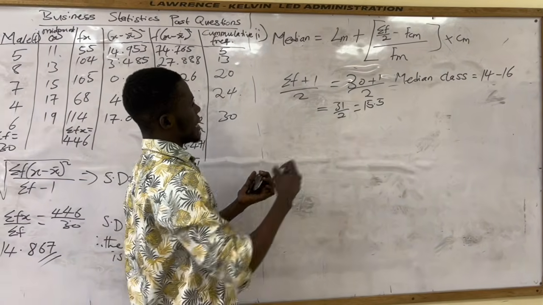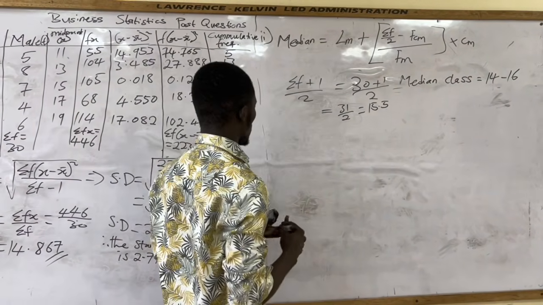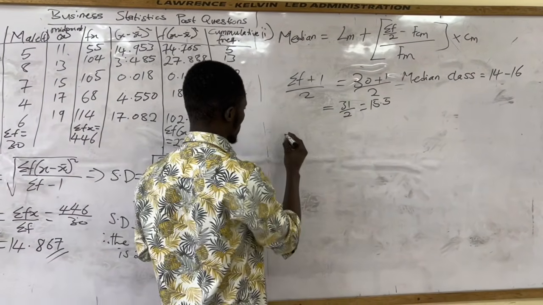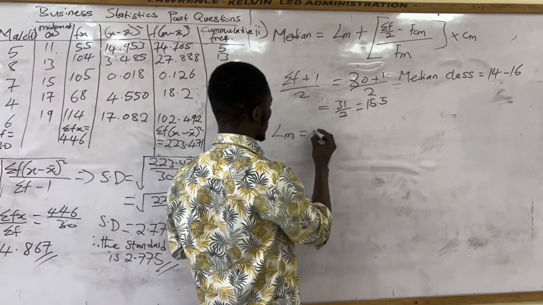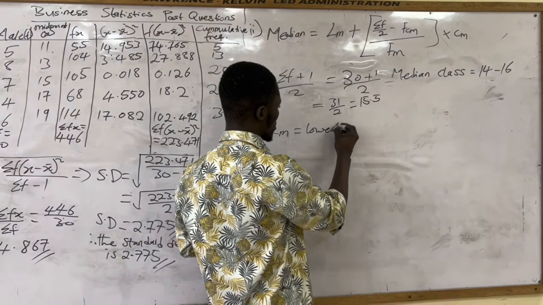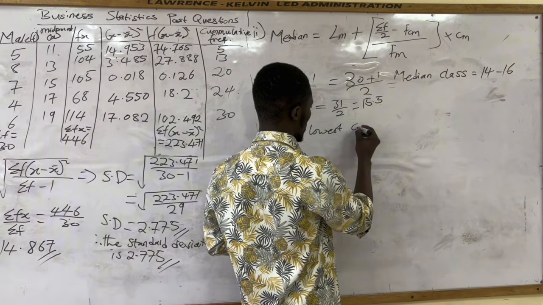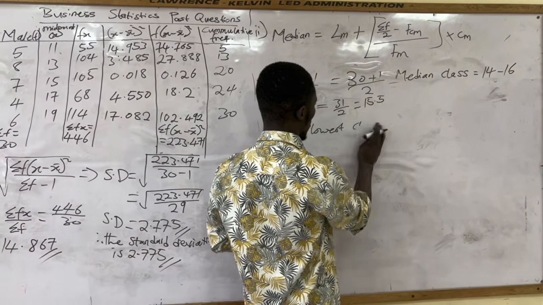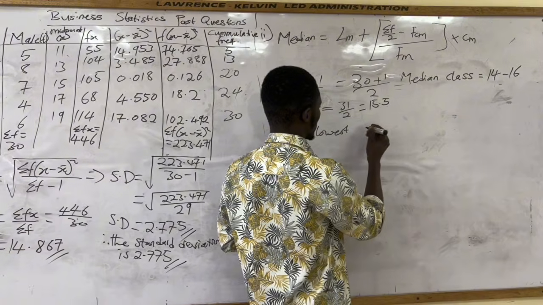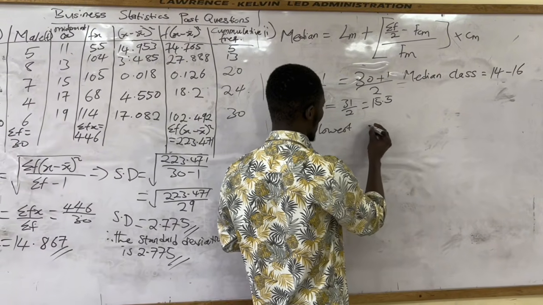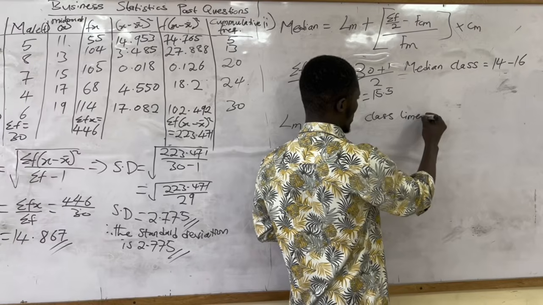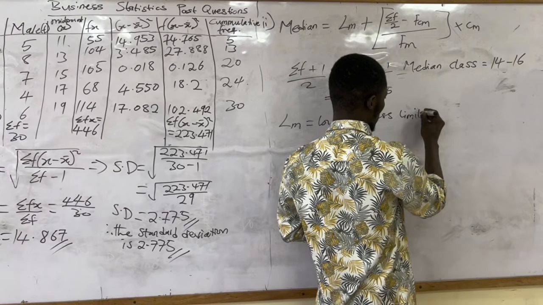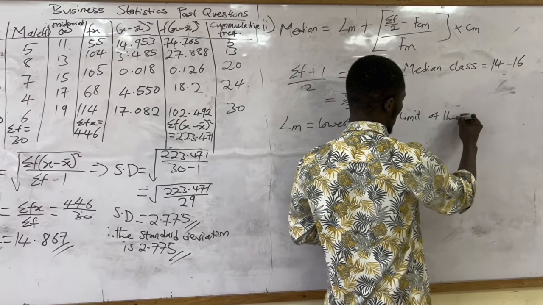Now let's look at the meaning of these. Our LM is the lowest class limit of the median class.